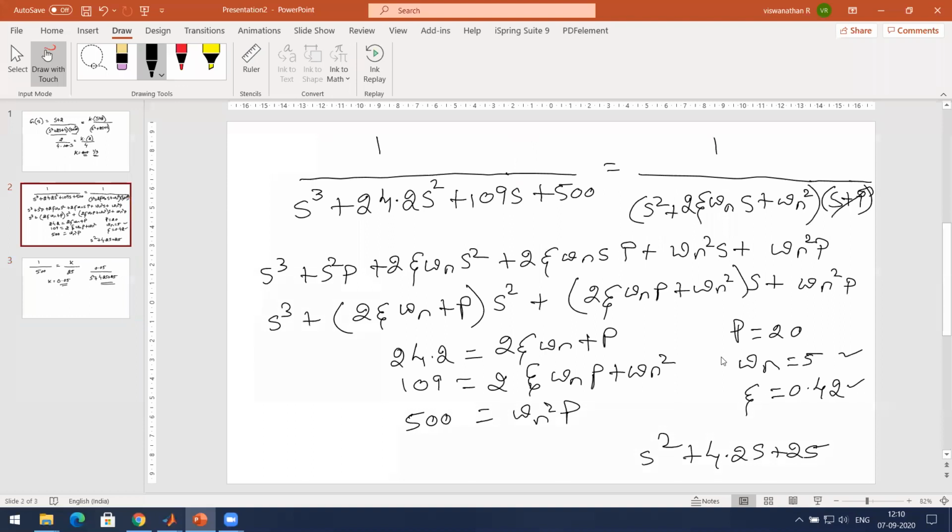You have already calculated the zeta and omega n. You know the formulas for rise time, percentage overshoot, peak time, and all those. So you can get the response of the second order system very easily by hand calculations. So this is how people were reducing a higher order system into a second order system and getting the step response without use of MATLAB, because there was no MATLAB during those times.